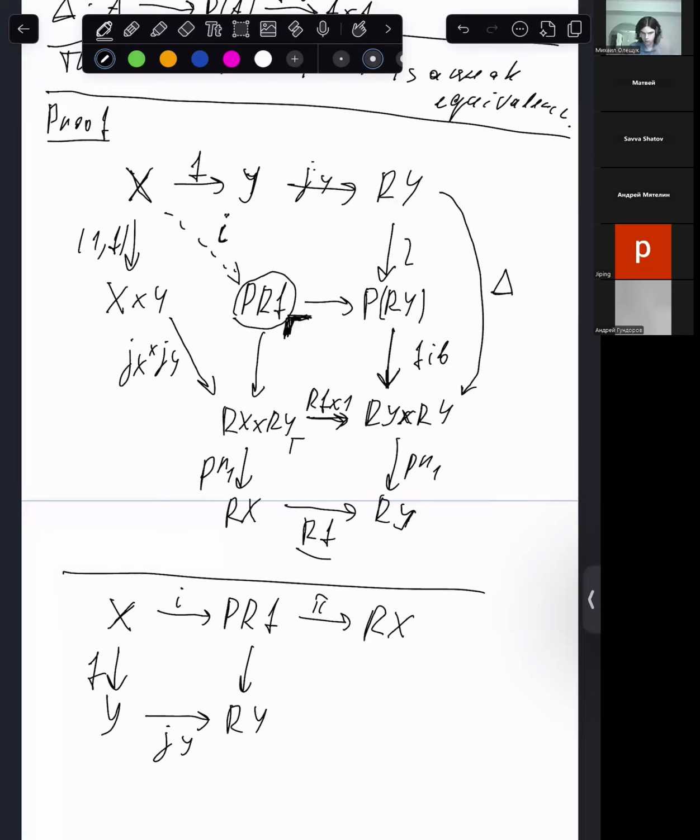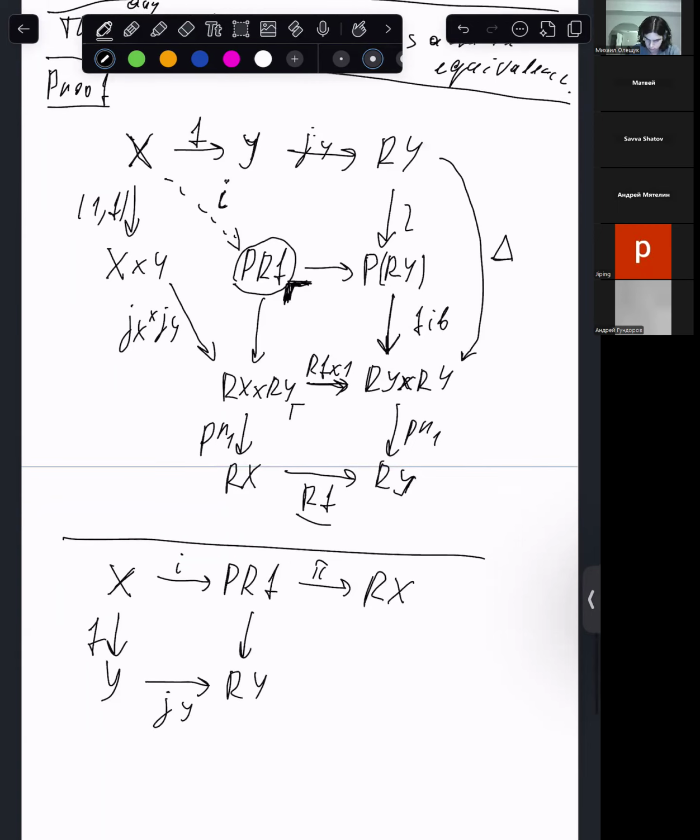Well, this diagram commutes because the upper one commutes.